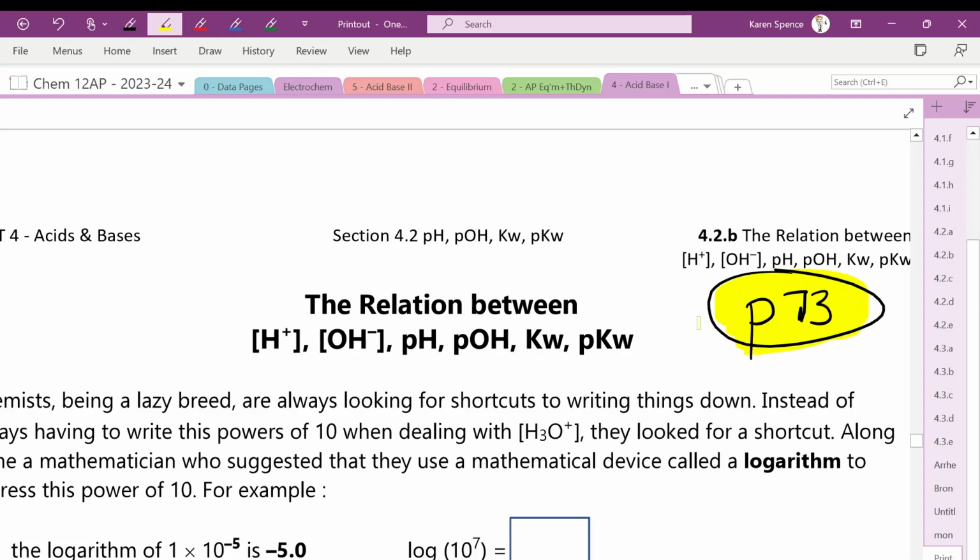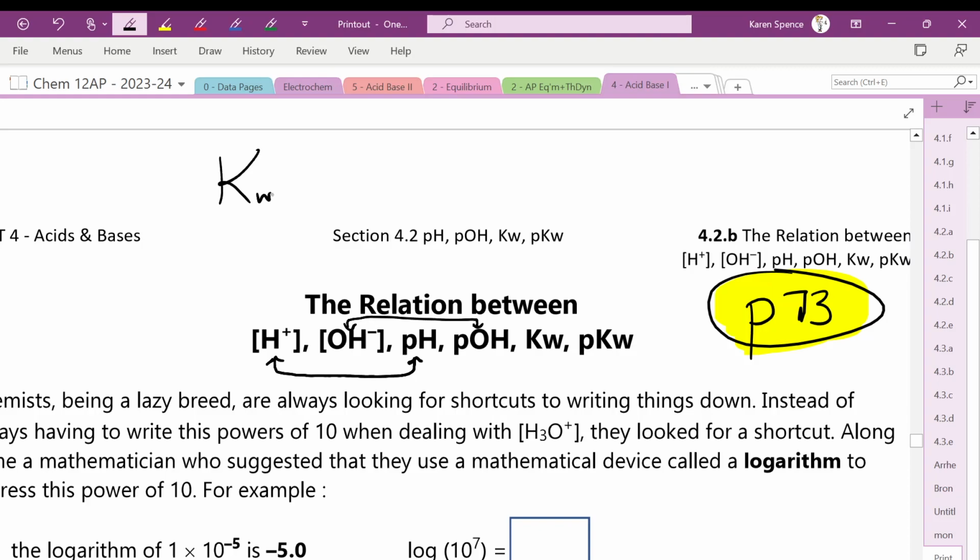And we already know how to go back and forth between hydrogen and pH, and we know how to go back and forth between hydroxide and pOH. Now, did we learn about KW last day? Just a tiny bit.